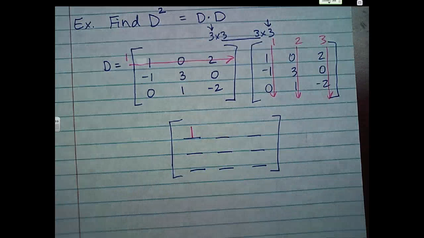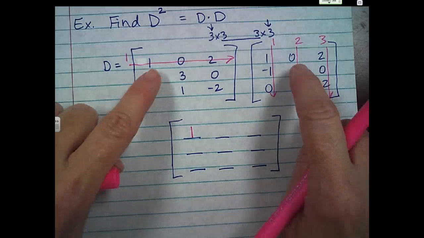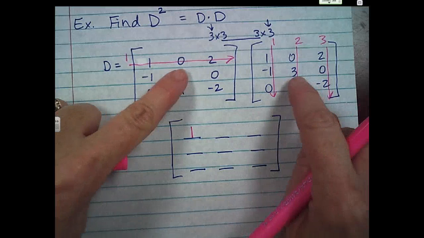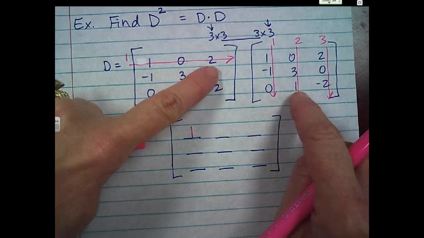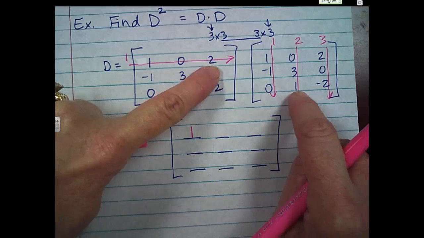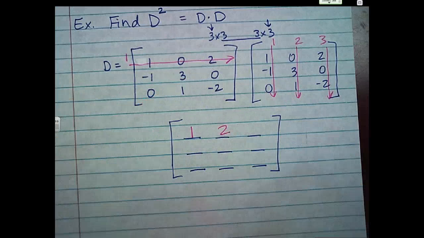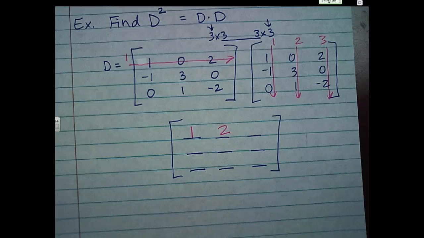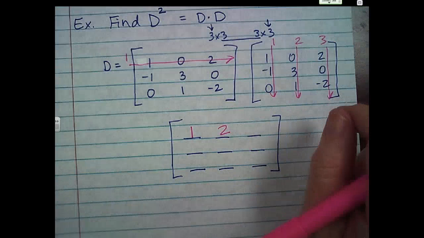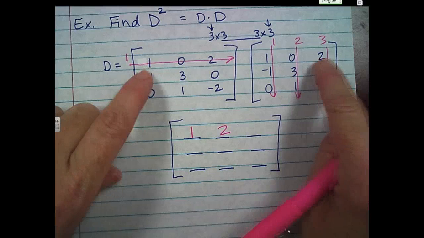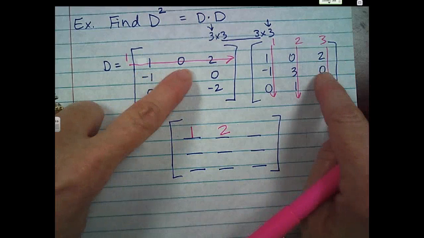And we write our answers across. Let's go to the next column. 0 plus 0 plus 2, which is 2. Write your answers across. Go to the next column again, the last column, the third column. 2, 0, and negative 4.